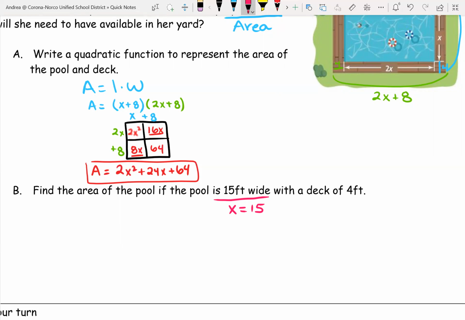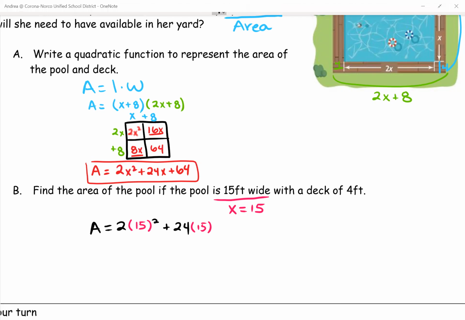So we just plug it into our equation. We have A equals 2 times 15 squared plus 24 times 15 plus 64.